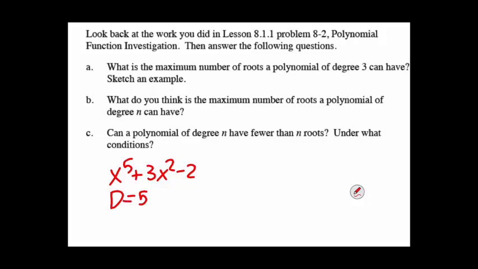So I know there has to be 5 solutions. Now, they could all be the same. You could work it out and get 2, 5 times. That counts as 5 solutions. Or there might be some imaginary or complex solutions in there as well, that you would end up with i. But at most, it can have 5 real solutions. So that's just something to keep in mind as we work through this.